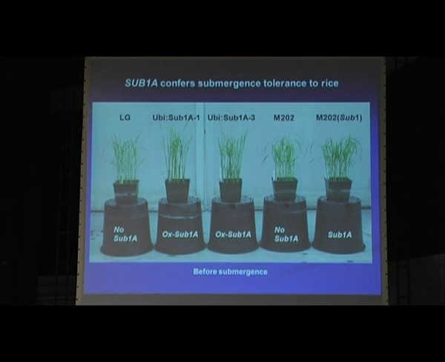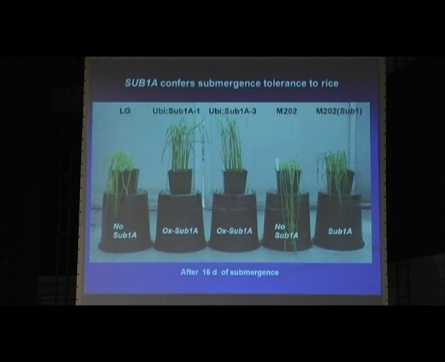It lacks SUB1A like LG. Our last line, M202 sub1, is a near isogenic line of SUB1A. So it has SUB1A, but the background genotype is M202. They look similar and are developmentally identical. They were submerged completely for 16 days.